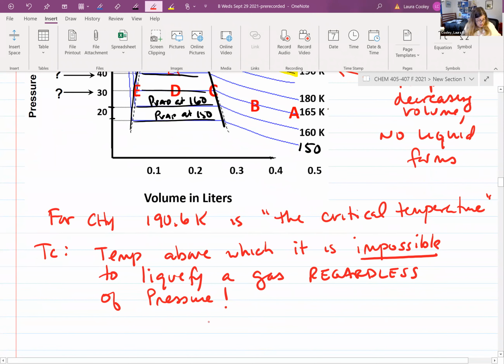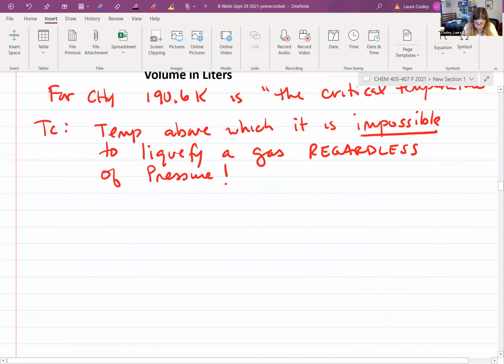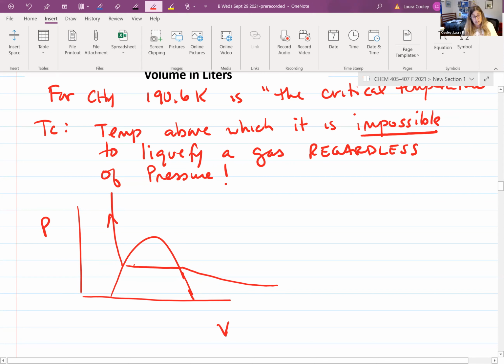Okay, so typically, for most substances, you'll have some kind of liquid gas region, where you have your curve going up, and then you have a solid line, and then you have the pressure going way up because of it all being liquid.